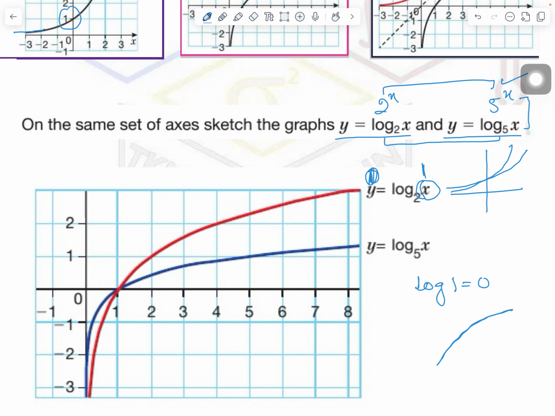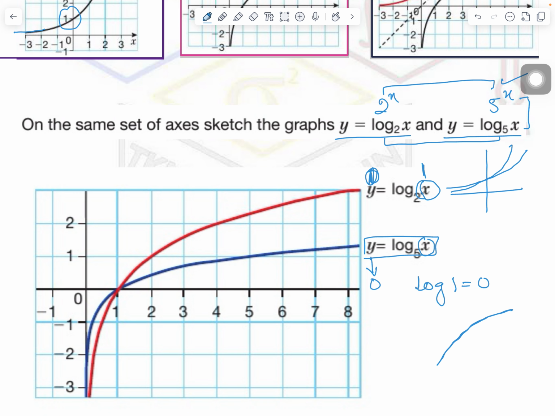I'm repeating this concept. On the x-axis, the y coordinate is 0. So from this equation, if I want to make y 0, then what should x be? It should be 1, right? That is the reason it passes through 1 on the x-axis. But at the same time, what will be my asymptote?